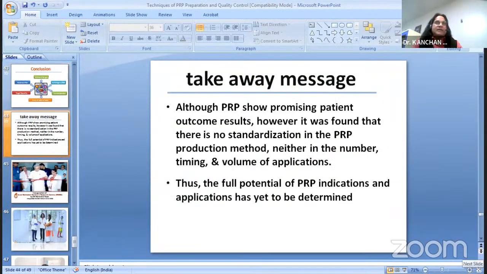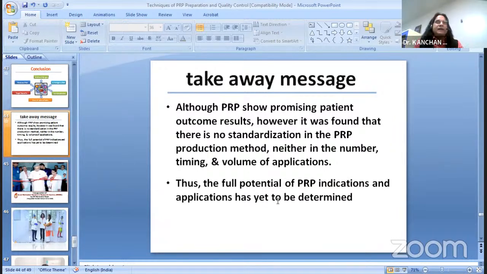So the take-away message: although PRP shows promising patient outcomes, it is found that there is no standardization in the PRP production method, neither in number, timing, volume, nor application. The full potential of PRP indication and application has yet to be determined. That's why we spend a lot of time in our laboratory to make good PRP.